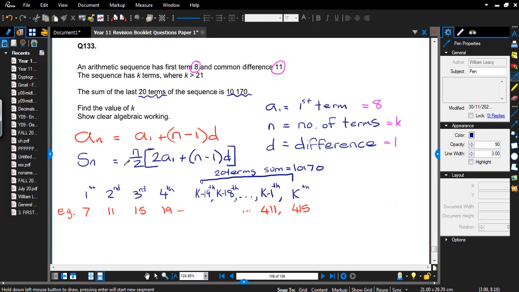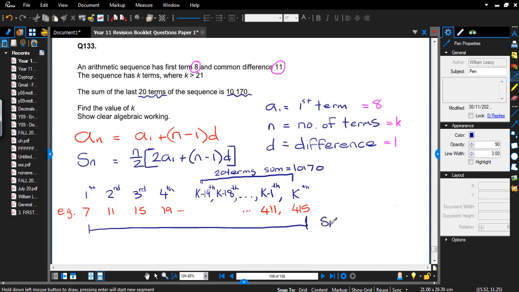So we could say, if we get the sum of all k terms, that's going to be sk.